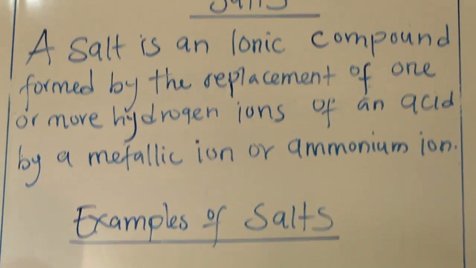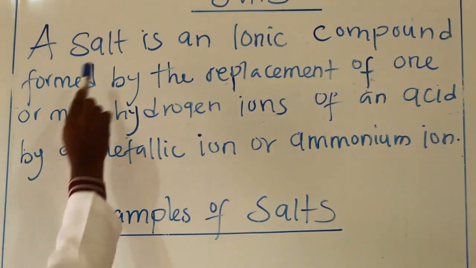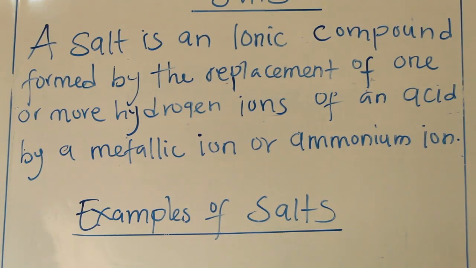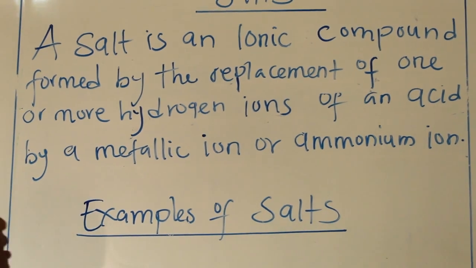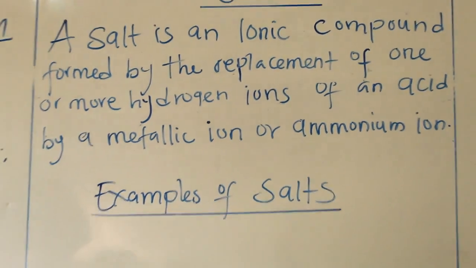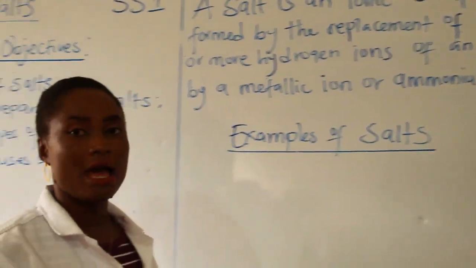I'll take that definition again. A salt is an ionic compound formed by the replacement of one or more hydrogen ions of an acid by a metallic ion or ammonium ion.